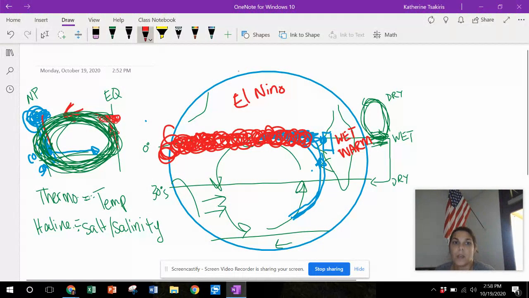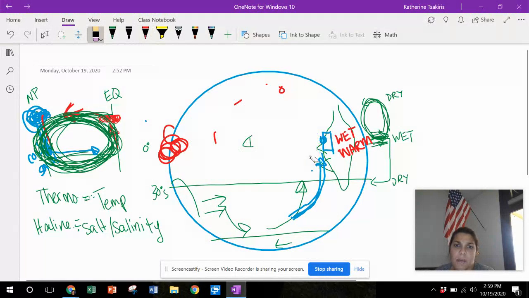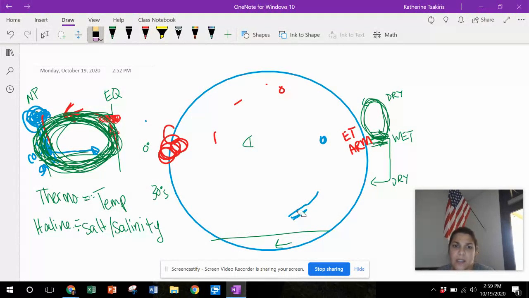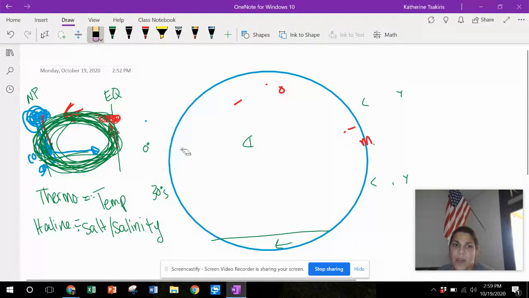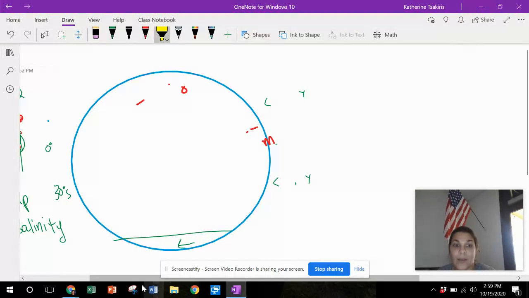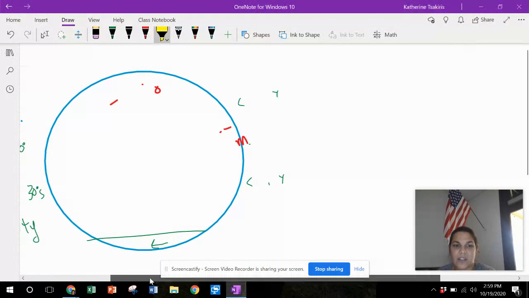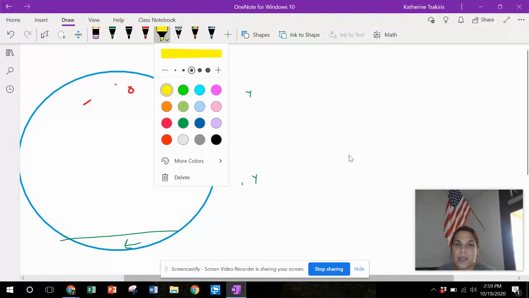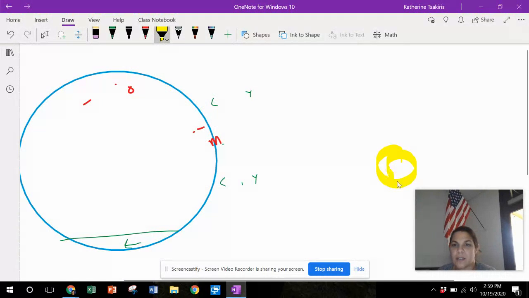Okay. So bringing this back as well, let's take a look at seasons. It seems like people were having issues with that. So if we have our equator, and we're going to draw the sun. See if I can move this over. Maybe not. Oh, there we go. All right, so this big yellow thing over here is the sun.